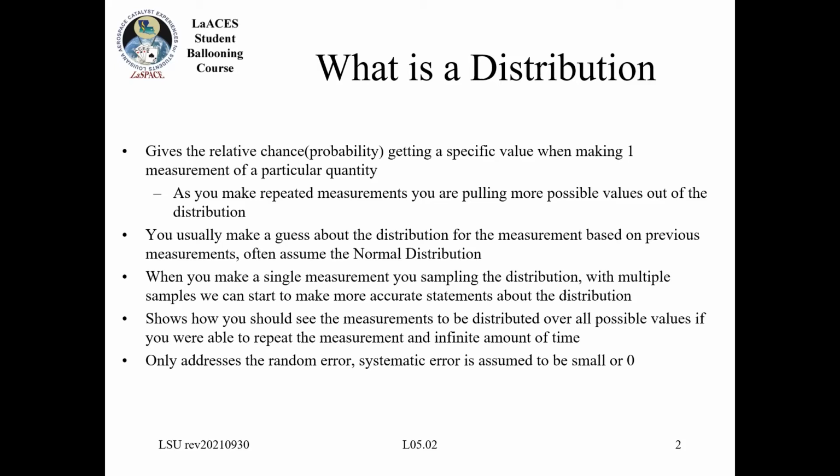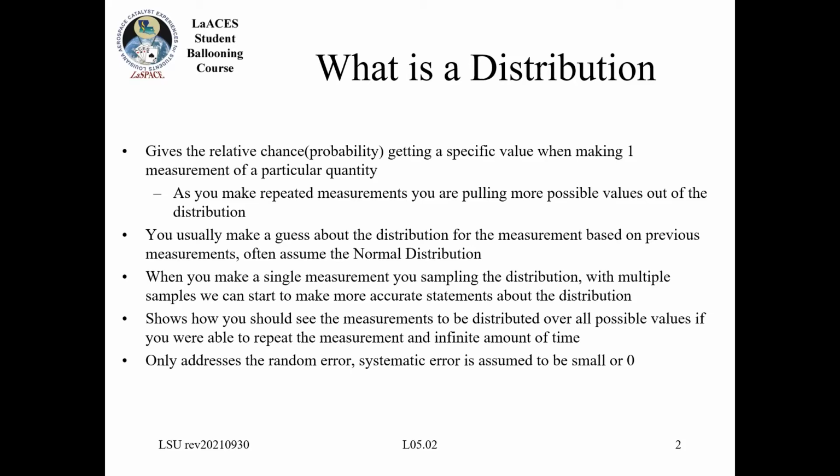And when I talk about multiple measurements, I'm talking about multiple measurements of the same value, right? I wouldn't expect two different measurements to be related at all, so I don't want to treat them as a single distribution. For example, we're talking about repeated measurements of the frequency at a single temperature.